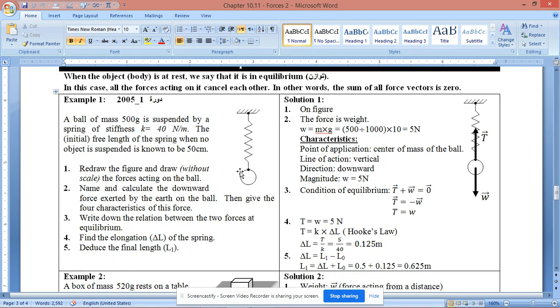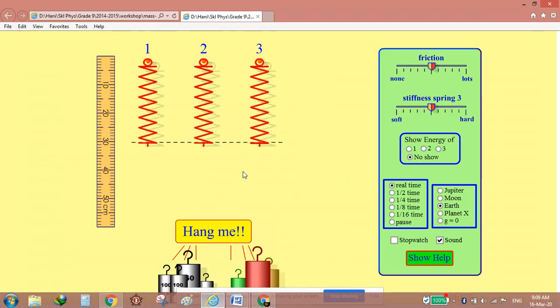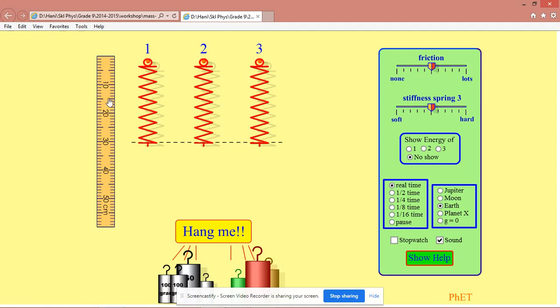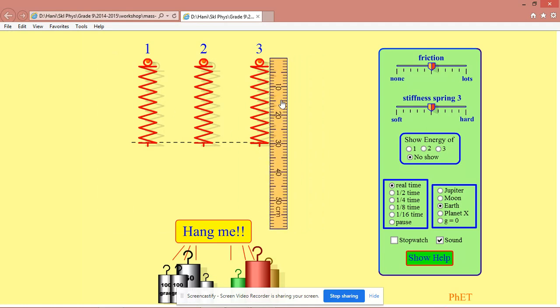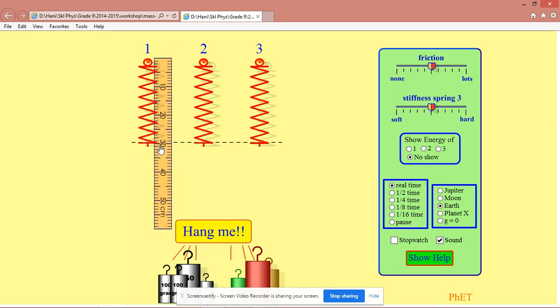Okay. We can apply Hooke's law in this virtual lab. We can see here the ruler. We'll measure the initial length of the spring. Let's say it's about 30 centimeters.